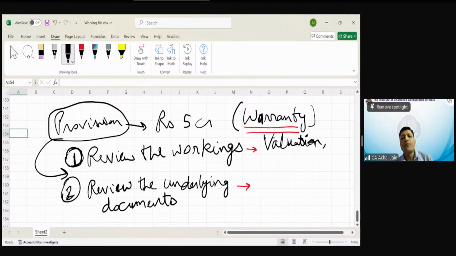Because why would a provision be created in respect of warranty? That would of course be in respect of the customers. Yes or no? So if this working includes all the customers, then the auditor will be able to ensure that no party has been left out for which the provision should have been created.